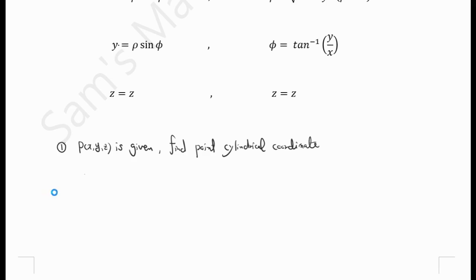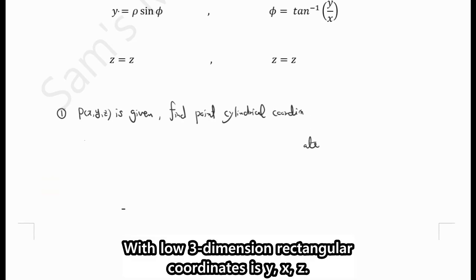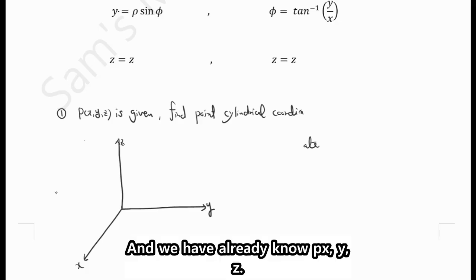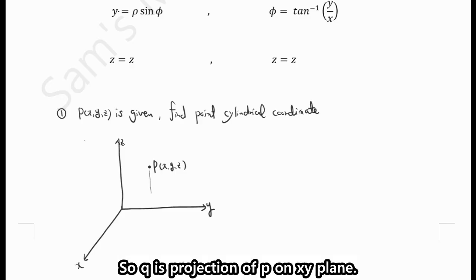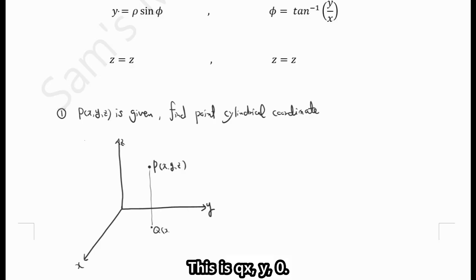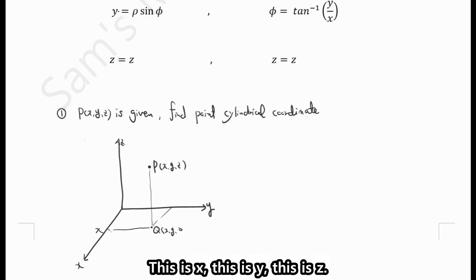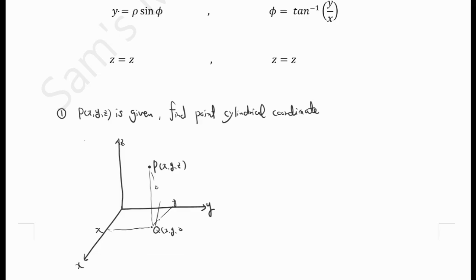We draw the three-dimensional rectangular coordinate system with y, x, z, and we already know P(x, y, z). So Q is the projection of P on the xy plane. This is Q(x, y, 0). This is x, this is y, this is z.